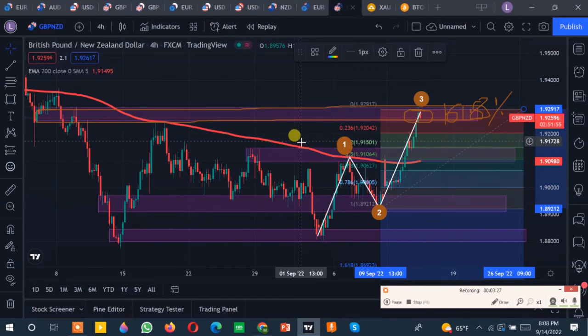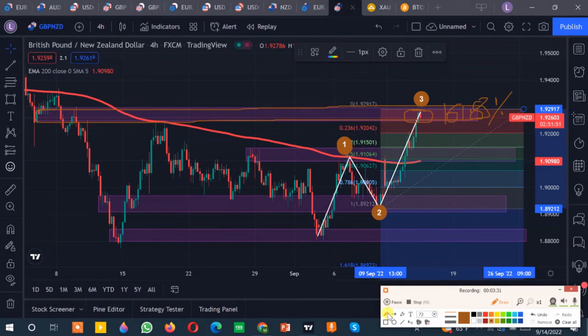So this is the point, we can think this is the point 4. So we can say it will come here for 4.